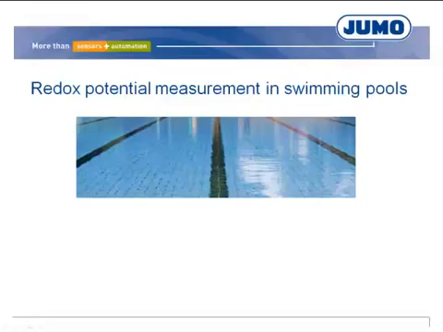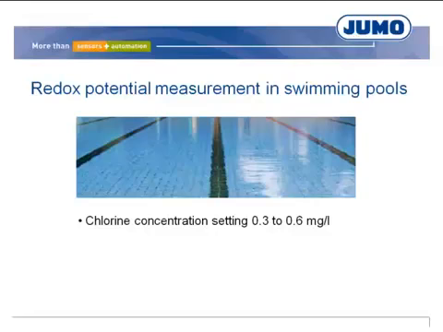Swimming pool water, for example, is chlorinated for disinfection purposes. The admissible concentration of free chlorine is 0.3 to 0.6 mg per liter. In this application, chlorine acts as the oxidant for organic pollutants.